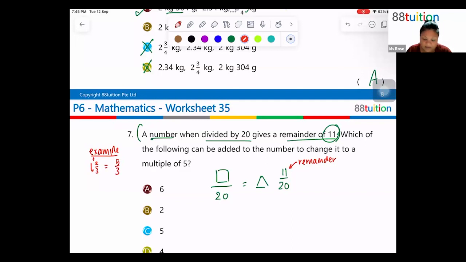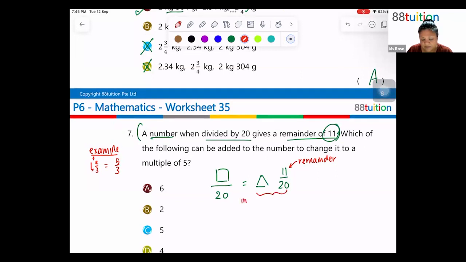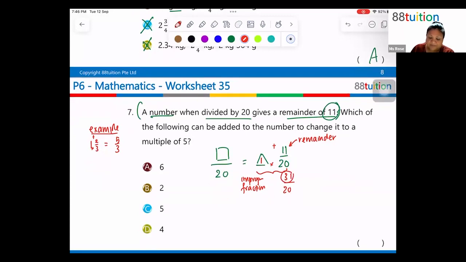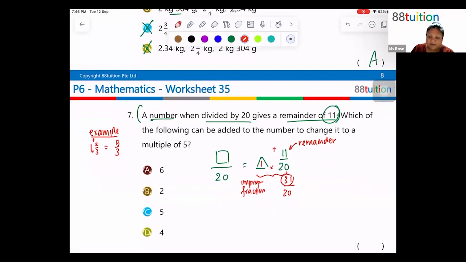So similarly, to change this to an improper fraction, you will get times and plus, right? Okay, so if you take the smallest number as 1, example, this is 1. So the smallest possible numerator is 31. That's the smallest possible numerator. 31, right? 31 divided by 20.